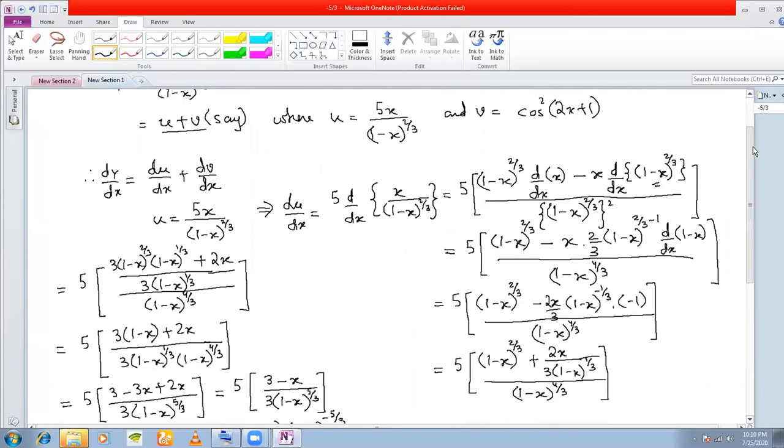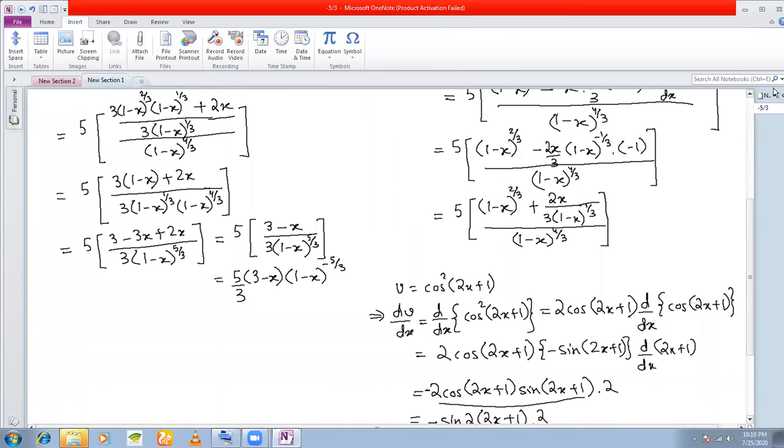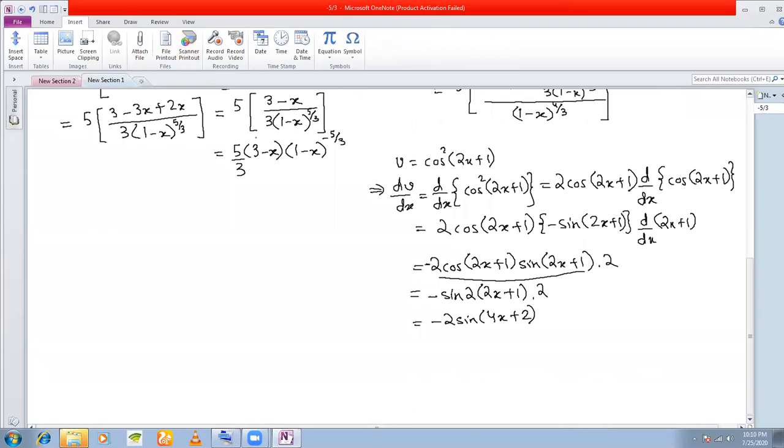What do you have to prove? See, what is dv dx? du dx is this, and dv dx is this.